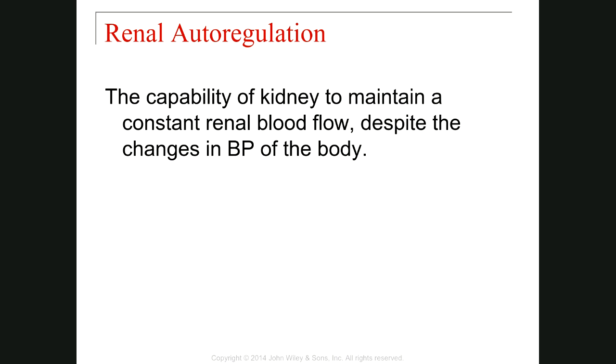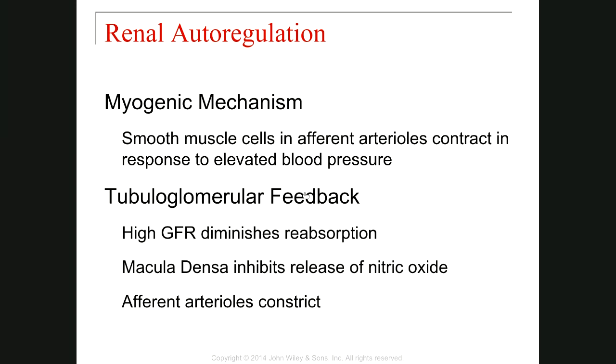This capability is called renal autoregulation and consists of two mechanisms. One of them is called the myogenic mechanism, which occurs when stretching triggers the receptors in the wall of the blood vessels, and the other one is called tubuloglomerular feedback. And I will talk about these two processes in the next slide for you.